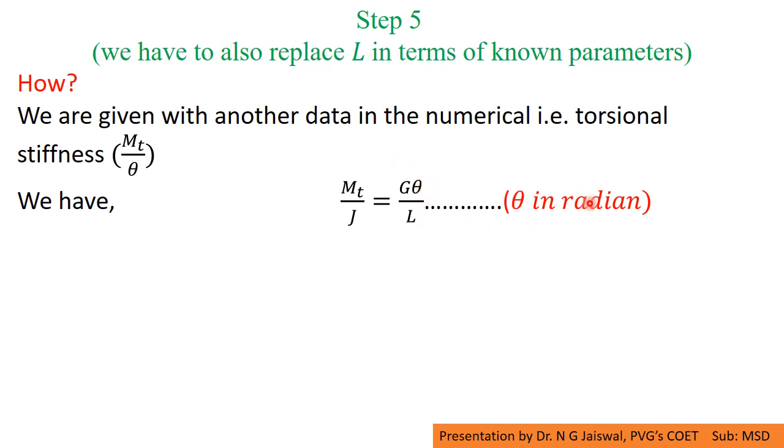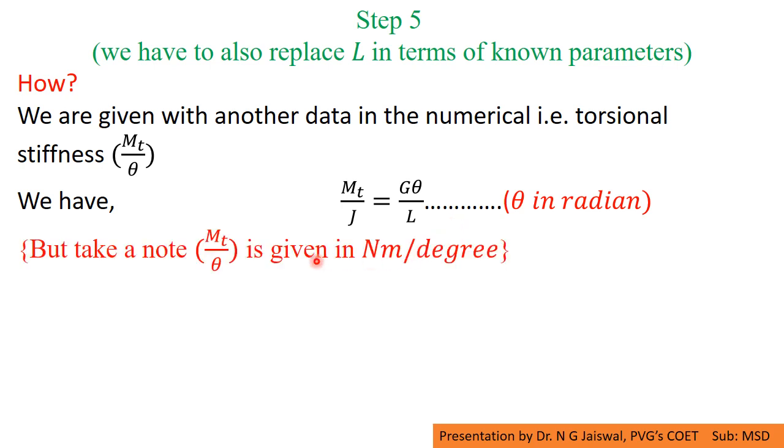Theta is always in radian in this equation. But take note that mt by theta, or torsional stiffness, which is given as 100, its unit is Newton meter per degree, not per radian.